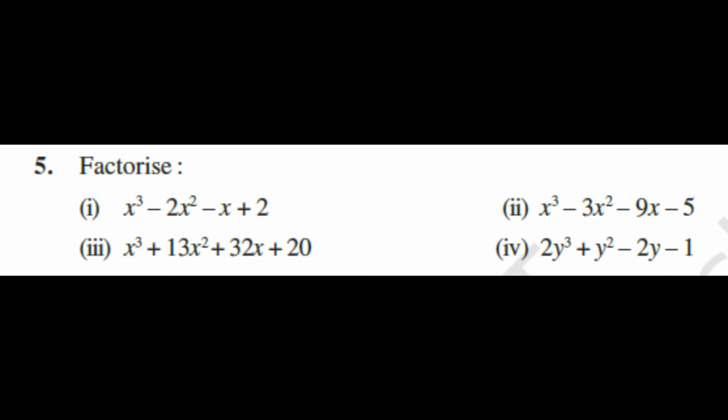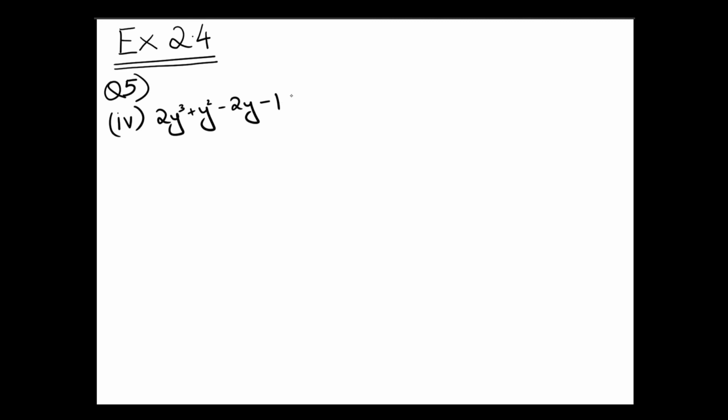The next equation is 2y cube plus y square minus 2y minus 1. Now in order to solve this fourth part, let's call this polynomial p of y. We're going to check for our usual suspects, so p of minus 1.